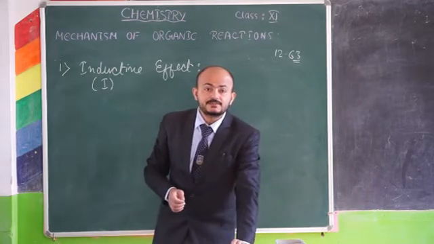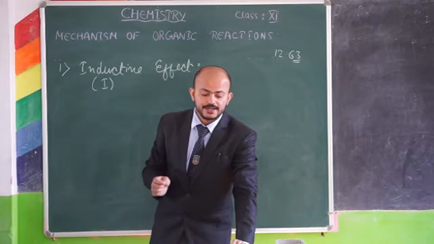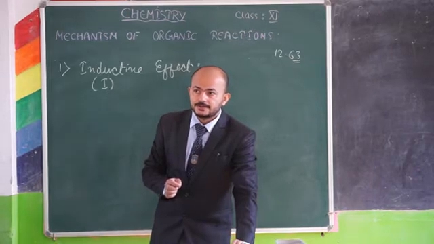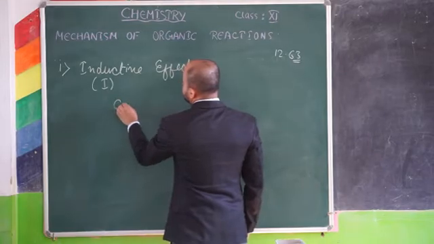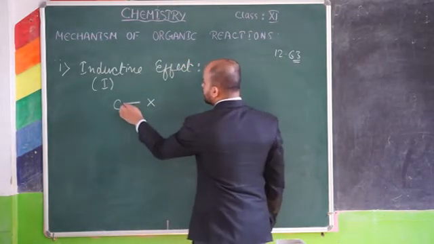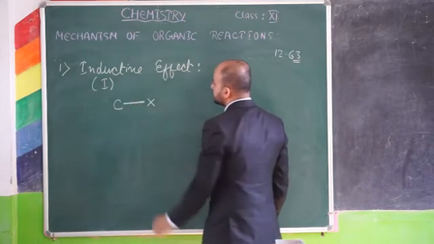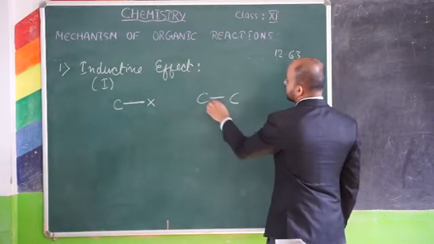The permanent displacement of the shared electron pair in a carbon chain towards the more electronegative group is called what? Inductive effect. If I have to give an example, suppose you have C-X. This bond formed is a covalent bond. Let's take this for example.